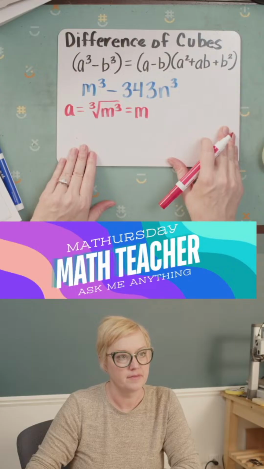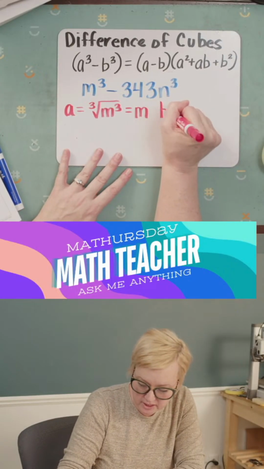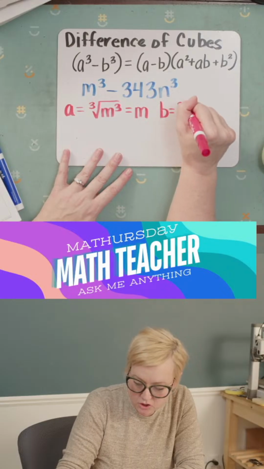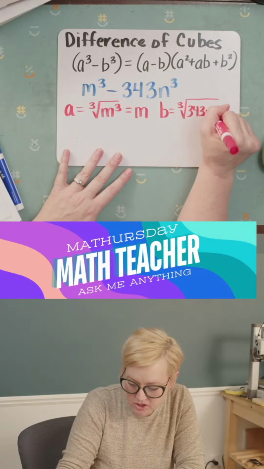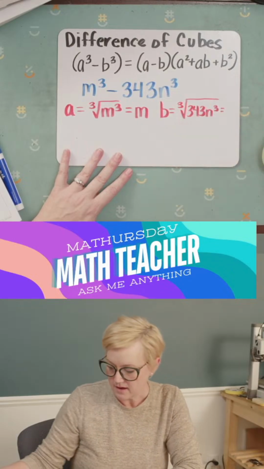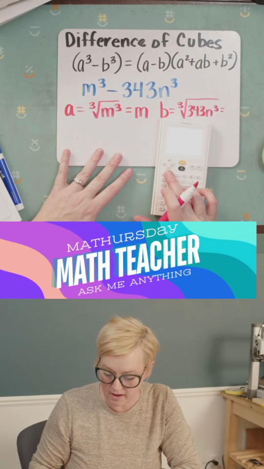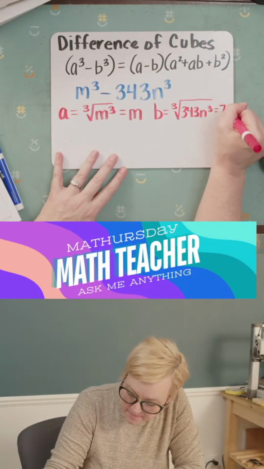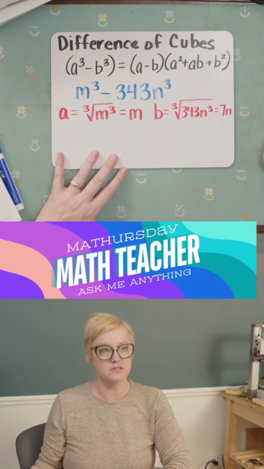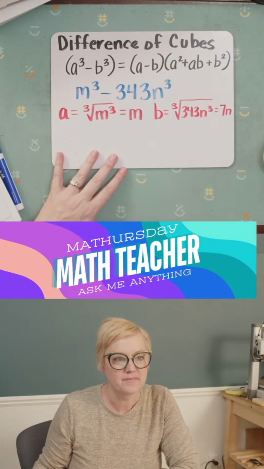And then my B value is going to be the cube root of 343n cubed. If we get out our calculator and look at the cube root of 343, it is 7. So our B value is 7n, because the cube root of n cubed is n.